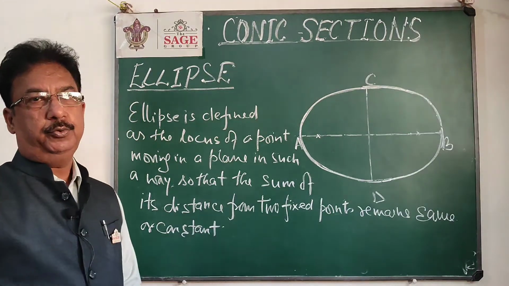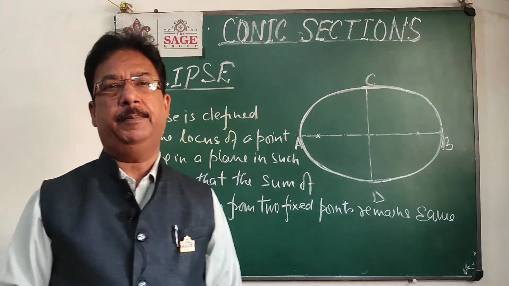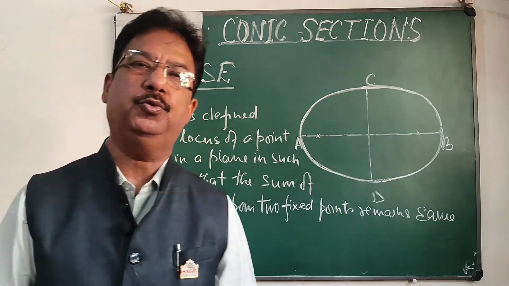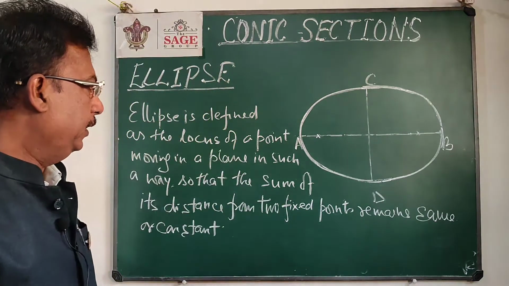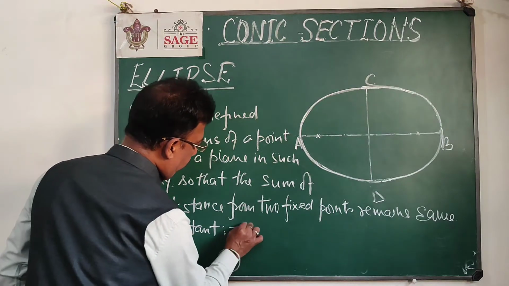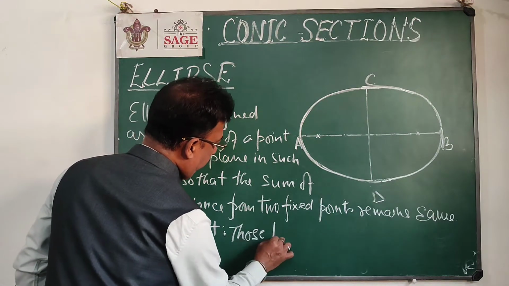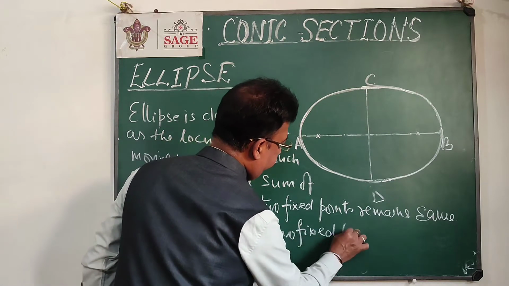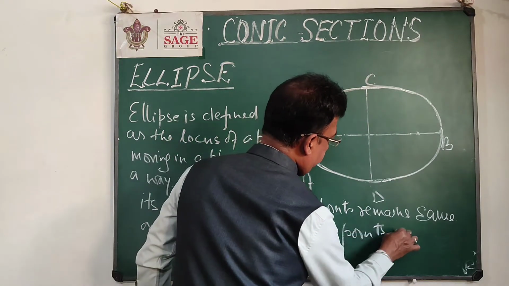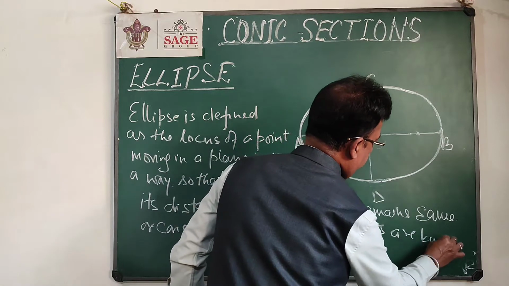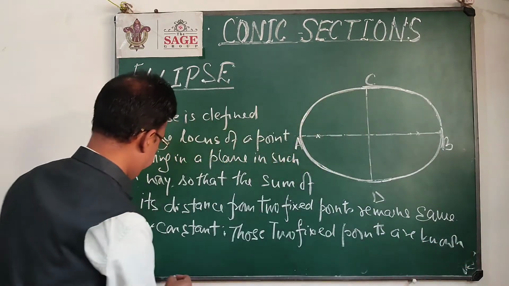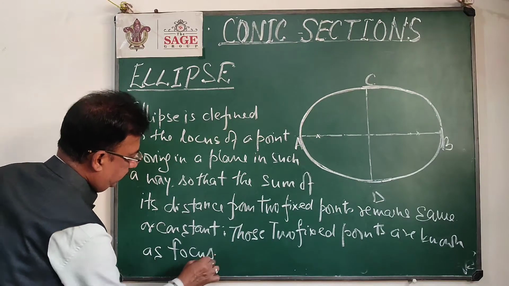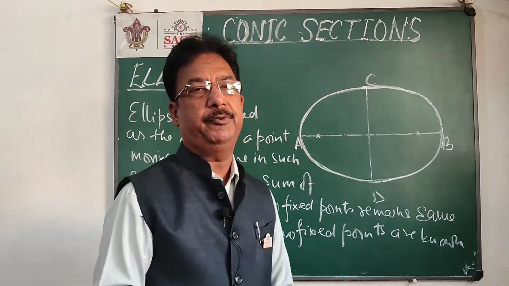So there are two fixed points, and the point will move in such a way that the sum of the distance from those two fixed points remains the same or constant, and those two fixed points are known as focus. As you already know, in an ellipse there are two focuses.